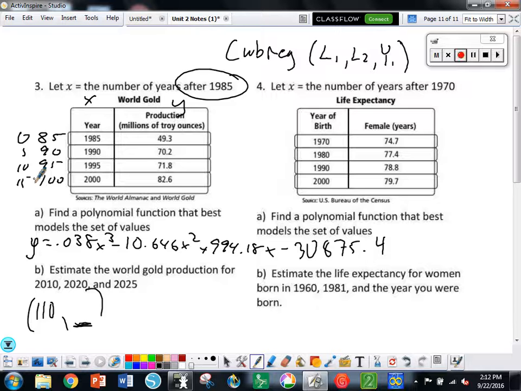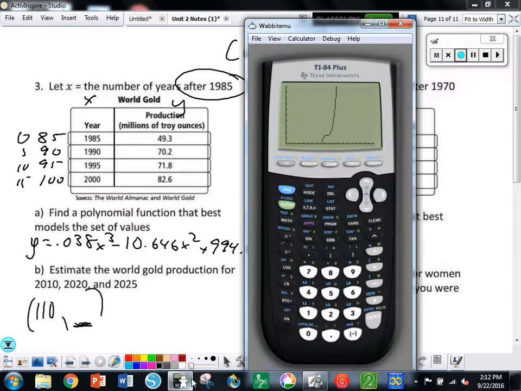I think sometimes that's harder than what we need to be, because then you're thinking, okay, how far is 2010 away from 85? Instead of just saying, oh, that's 110. I'm okay with whatever. Like I said, on the test, I will tell you specifically what to do then.